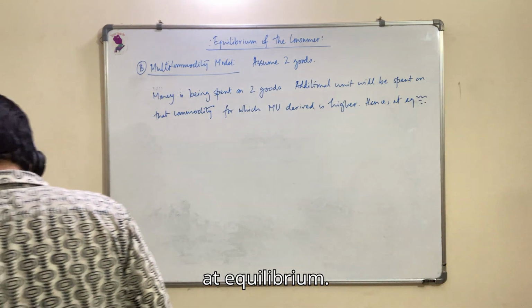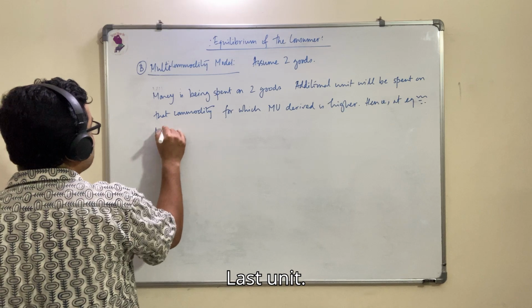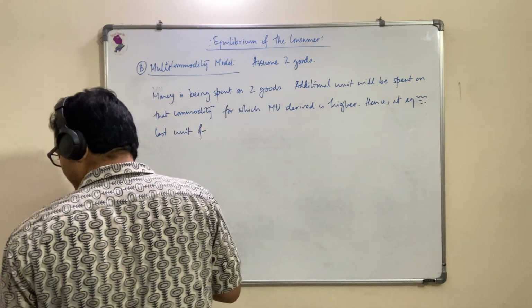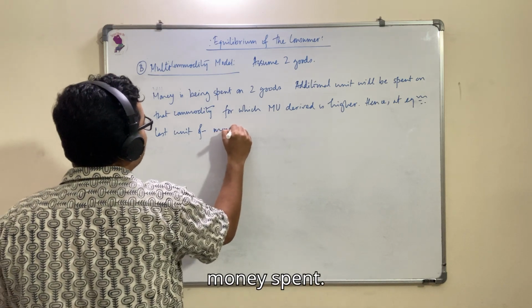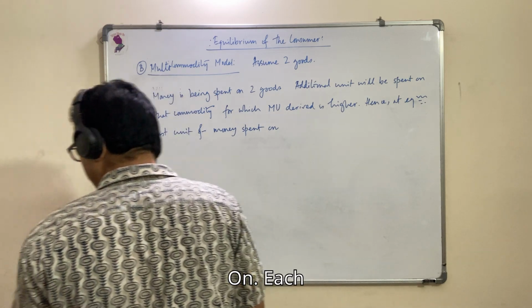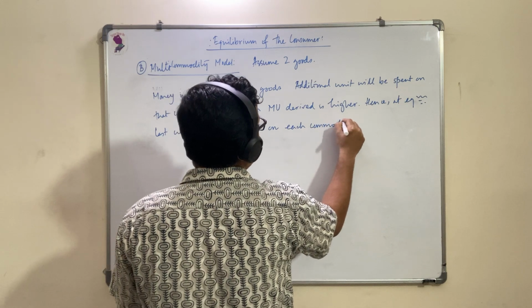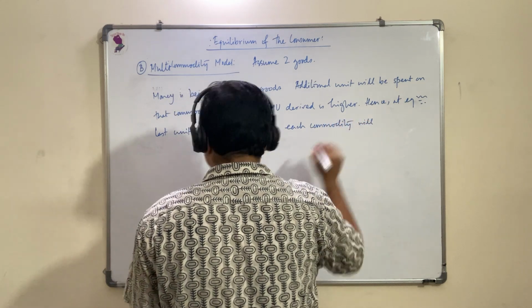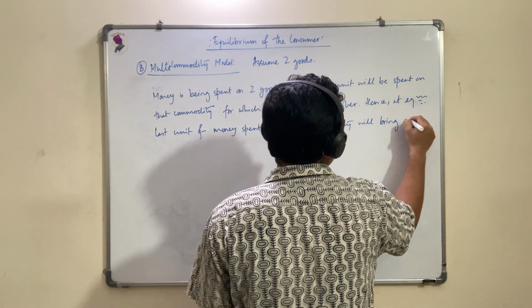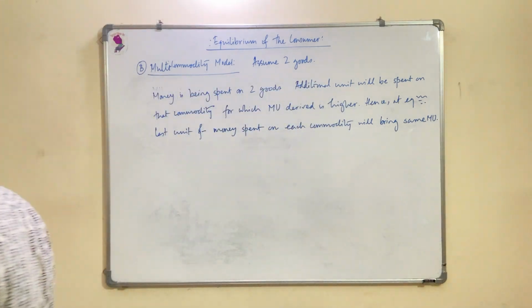So at equilibrium, the last unit of money spent on each commodity will bring the same MU. Okay.